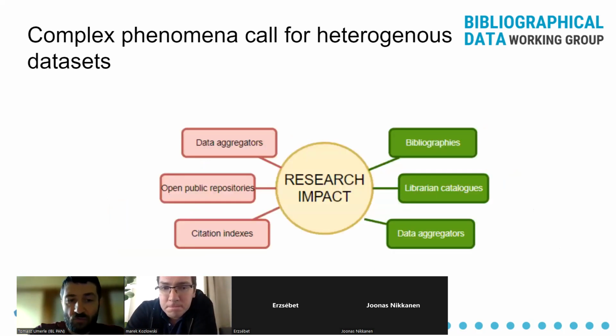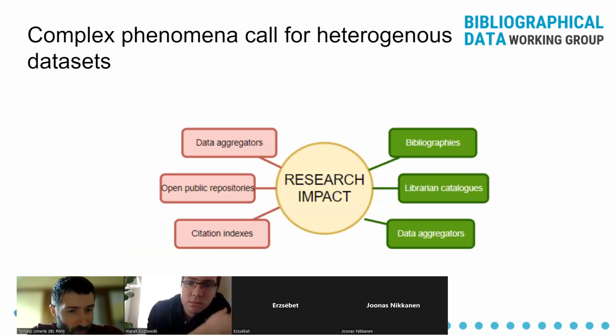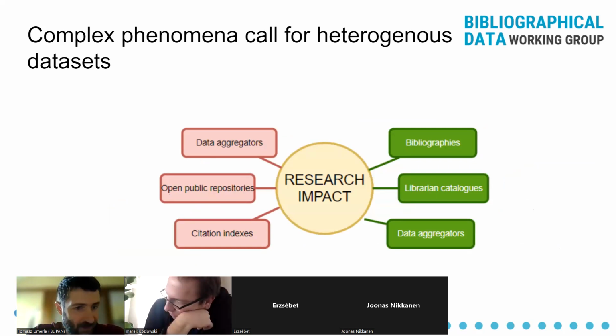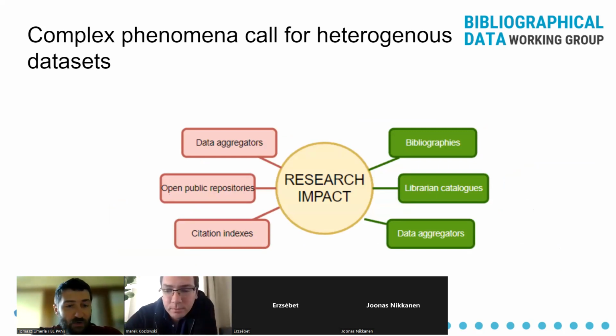This is perfectly exemplified in any research that deals with complex cultural phenomena, because complex cultural phenomena always call for heterogeneous datasets. Take the obvious example that we will be talking more about today, research impact. We cannot understand the research impact of the humanities just by focusing on research infrastructures like citation indexes.